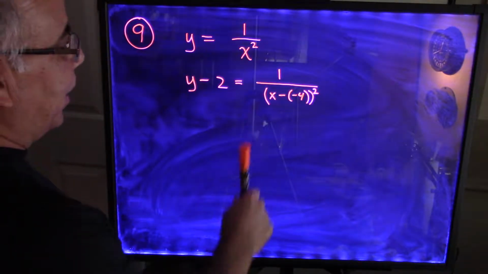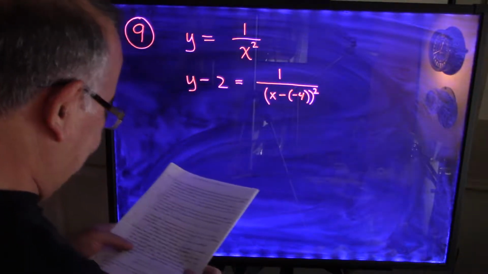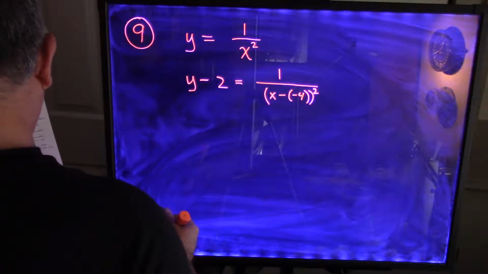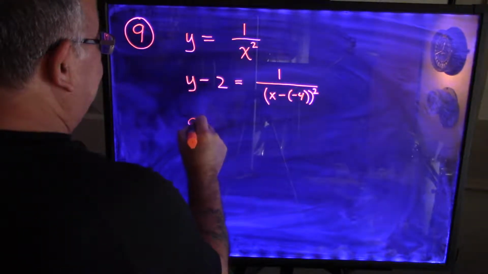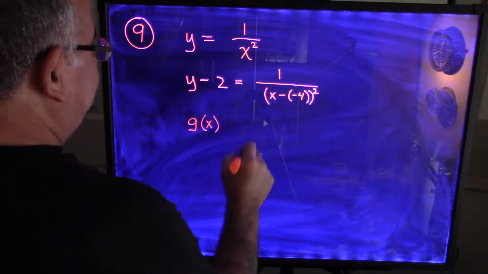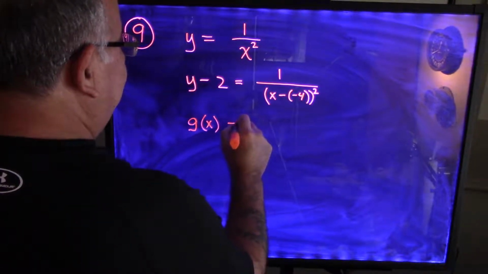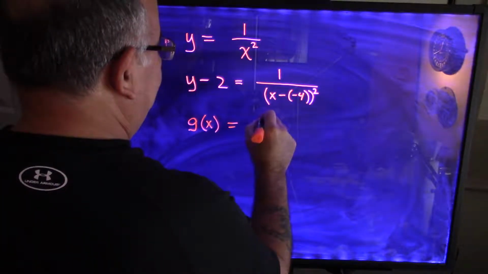So that's basically it. But we can get it into the form that they're expecting. Let's call it g of x, since it is actually a different function from f of x. So you can add 2 to both sides, and then change that to an x plus 4 quantity squared.